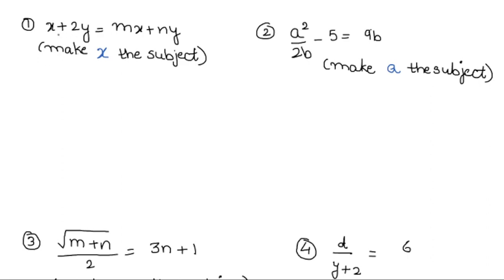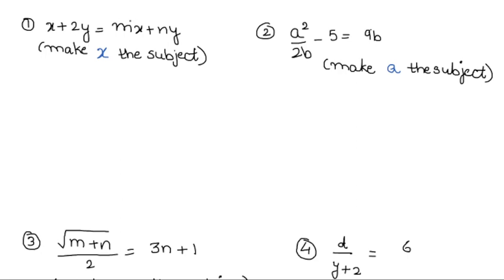Take a look. In this equation, x is present at two places, here and here. To make x the subject, we will need to collect all the x from both sides to one side of the equation.